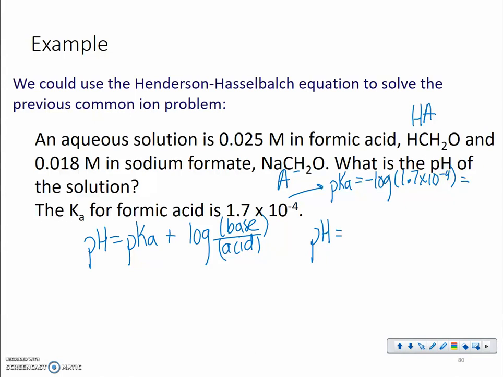So in this case, when you solve for pKa, it is 3.77 plus the log of your amount of base over your amount of acid. So this is my amount of base, and then my amount of acid.